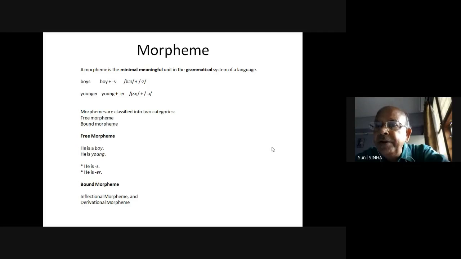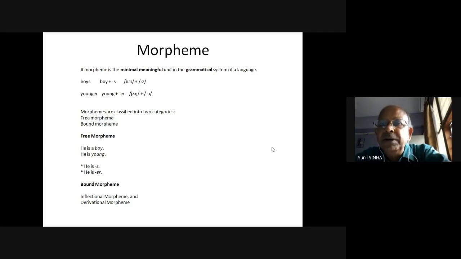So that is the concept of free morpheme and bound morpheme. So what is a free morpheme? A free morpheme is a morpheme which can occur independently in a sentence, whereas a bound morpheme is a morpheme which cannot occur independently in a sentence. It can occur only when this bound morpheme is joined with another morpheme, a free morpheme. Right.